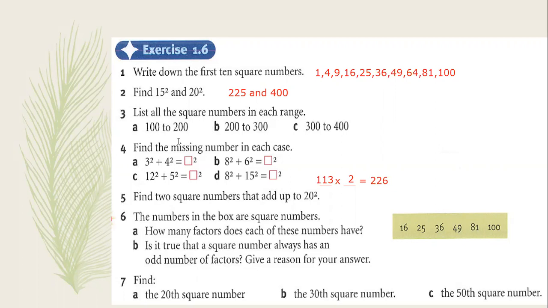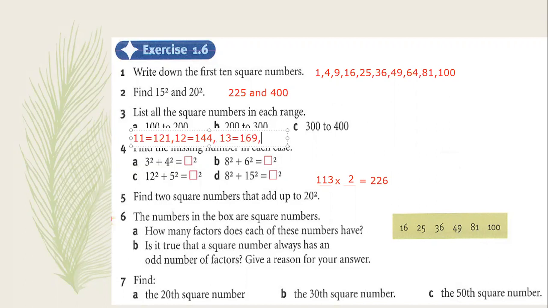Before 15 you will finish, like 11 squared is equal to 121. Okay, and 12 squared is equal to 144, and 13 squared is equal to 169.